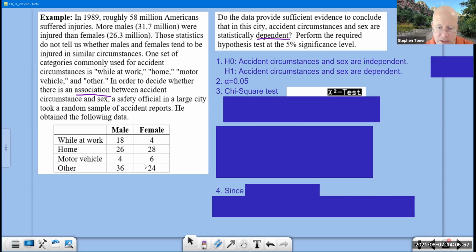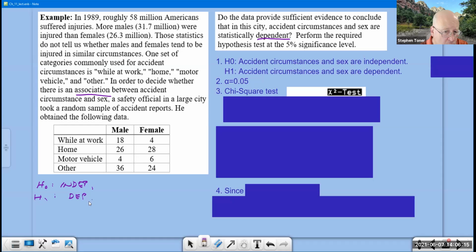Okay, so it helps you to know, and maybe this might be something you put on your cheat sheet for your test, that in your H0, you are using the word independent, whereas in H1, we would have dependent.